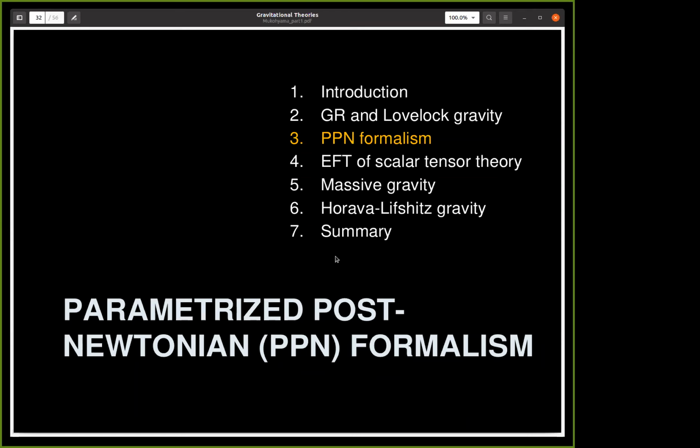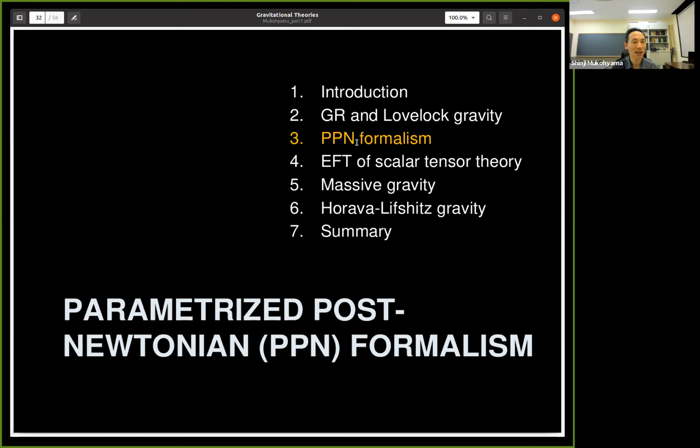Okay. So let's move on to the next section, which is about parameterized post-Newtonian formalism. As we know, there are many modified gravity theories and also many gravity experiments. Of course, we can constrain each theory by each experiment, but the combination of the number of experiments and theories is a lot.